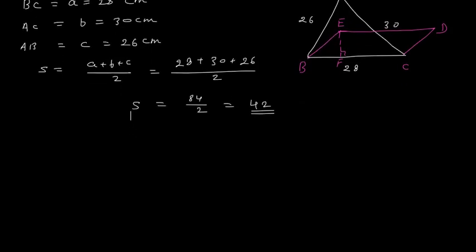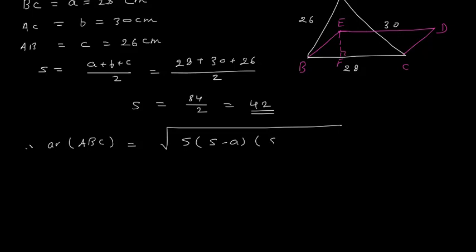Now the area of triangle ABC. So therefore the area of ABC we will write as root of S into S minus a, S minus b, S minus c.